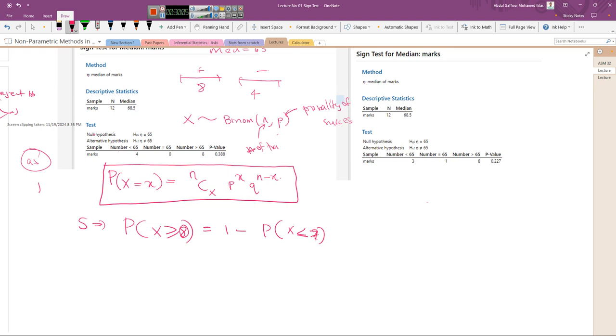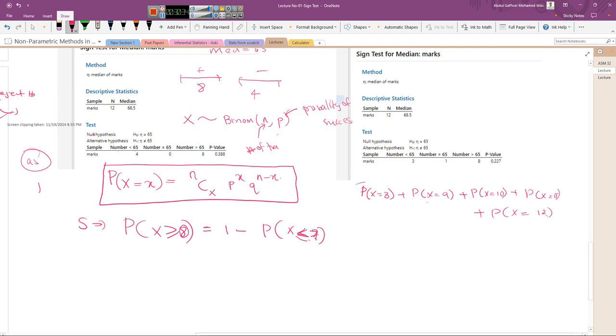Here you can see the probability of X greater than or equal to 8 means we have to add the individual probabilities: probability of X equal to 8, plus probability of X equal to 9, plus probability of X equal to 10, plus probability of X equal to 11, plus probability of X equal to 12.